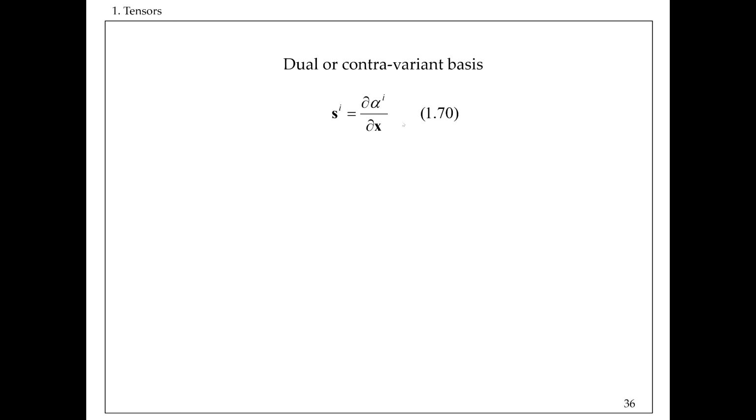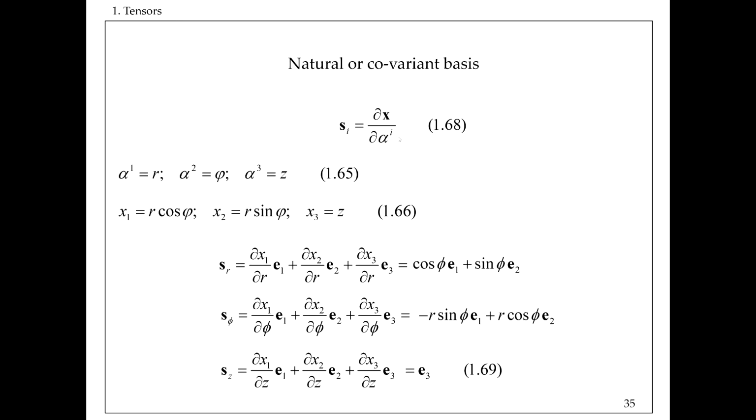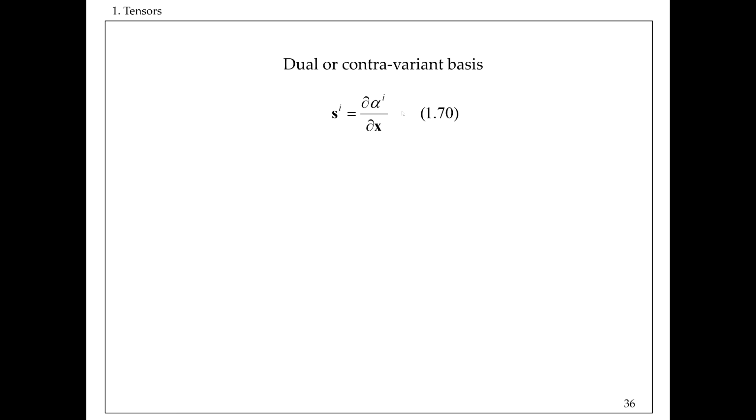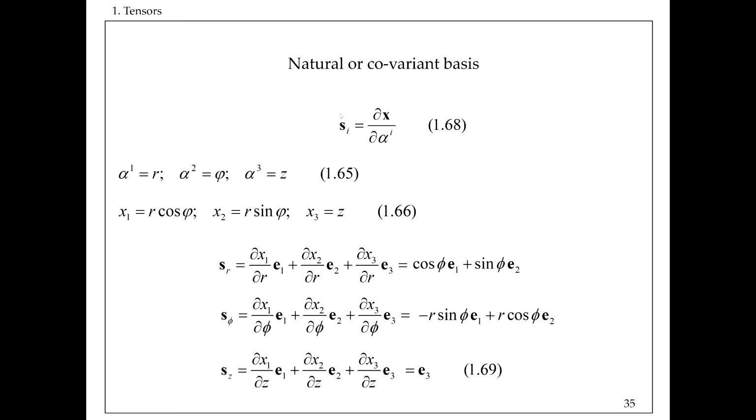The difference, if you notice, while they still have a very similar composition of things, is that now we're taking the derivative of alpha, these coordinate components in the new coordinate system, with respect to dx. Before that, we had the opposite. We had the derivative of x with respect to alpha, right? Now we're doing this in a different way. And to distinguish the difference, for dual and contravariant basis, we put the index here as a superscript i. Before that, just to show you, we used the usual index notation to denote that.